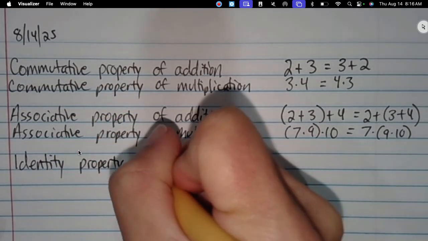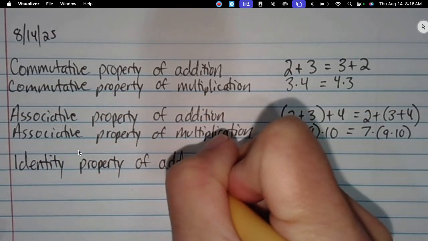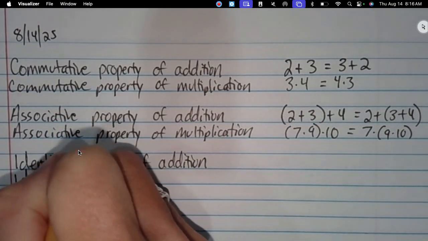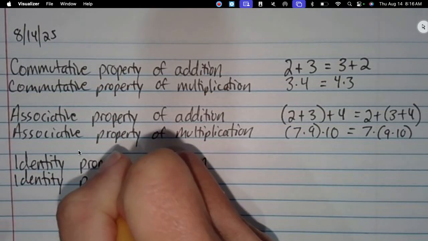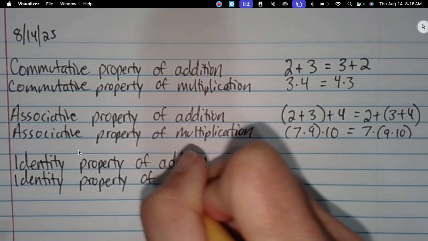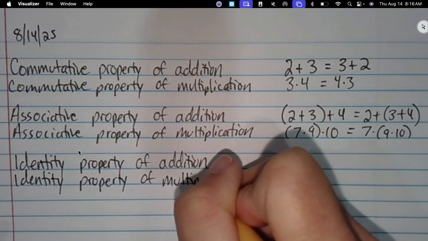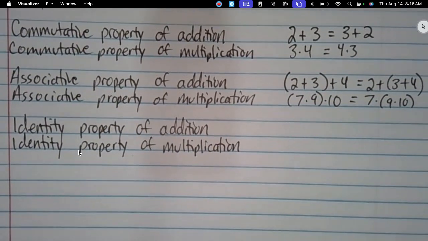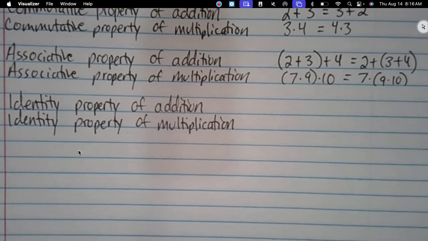There's 2 of those, of addition and multiplication. Okay. I'll give y'all a second to write that.